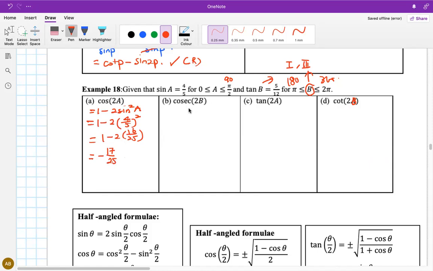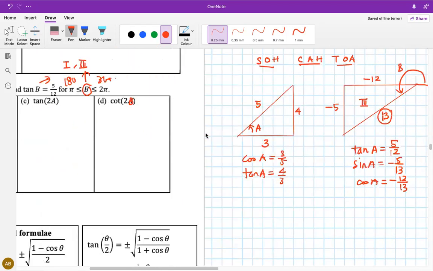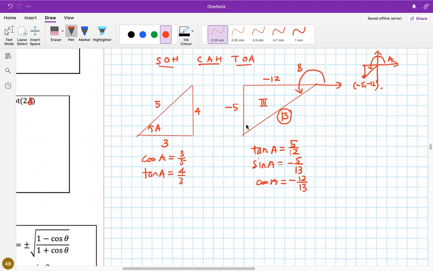How about cosecant 2B? Cosecant 2B is 1 over sine 2B. Sine 2B is 2 sine B times cos B. So what is sine B?